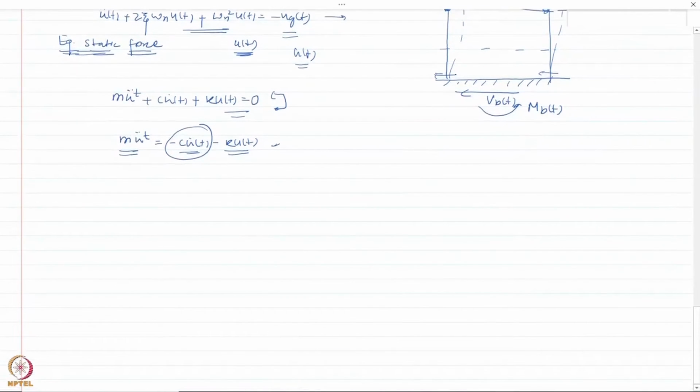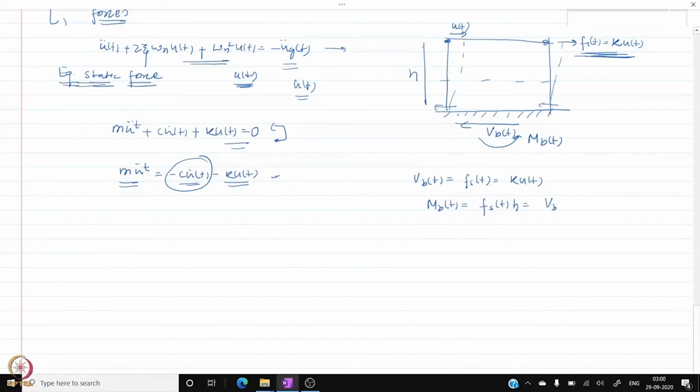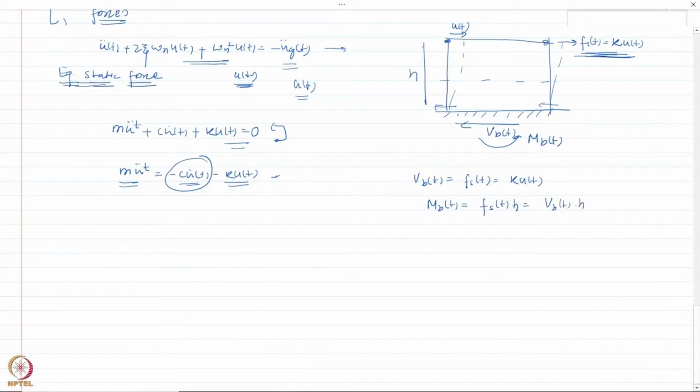So base shear in this case, if you consider the free body diagram subject to this equivalent static force, would be nothing but whatever the equivalent static force is, equal to k u of t. And my moment would be whatever the f_s is times the height of the structure, which I can also write as base shear times the height of the structure.